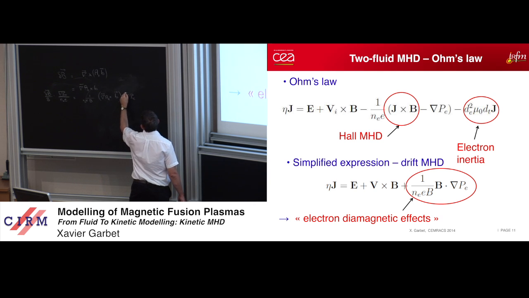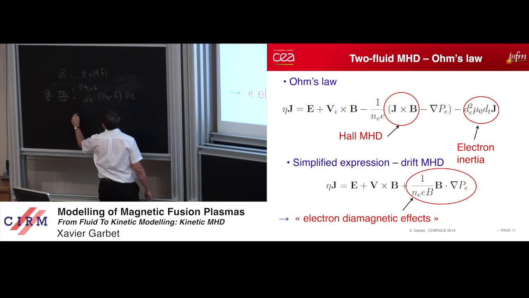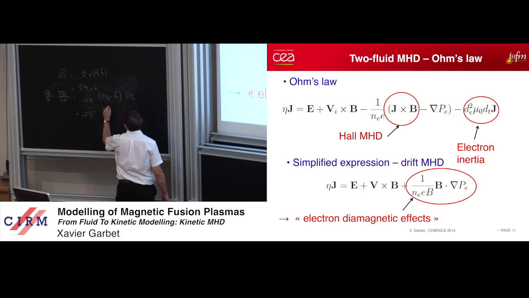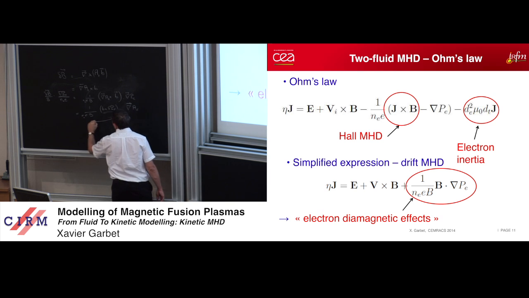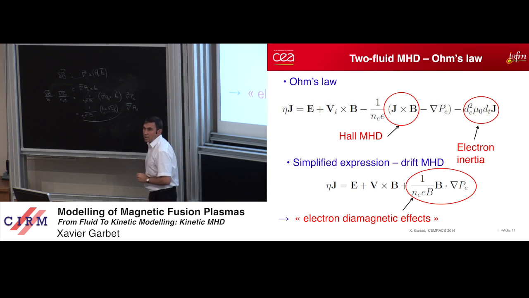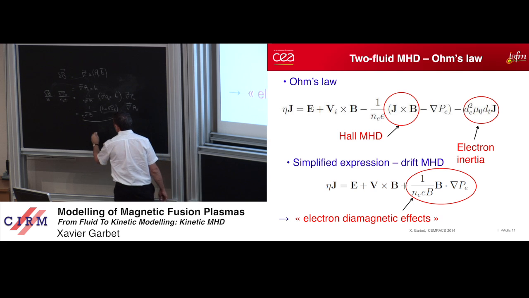But this, of course, you can rewrite it as 1 over n e B, b vectorial grad P_e over B. Well, the B is already there, so I don't need to do that. And grad A parallel, right? Now this here is the diamagnetic velocity for electrons up to a sign, right? So it's linear star electrons.